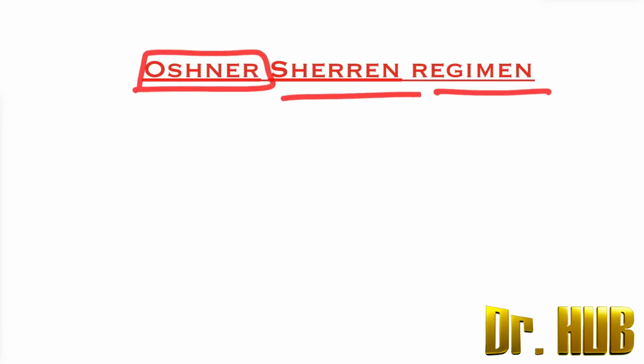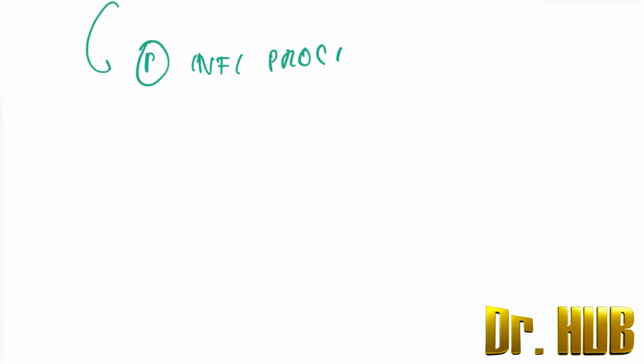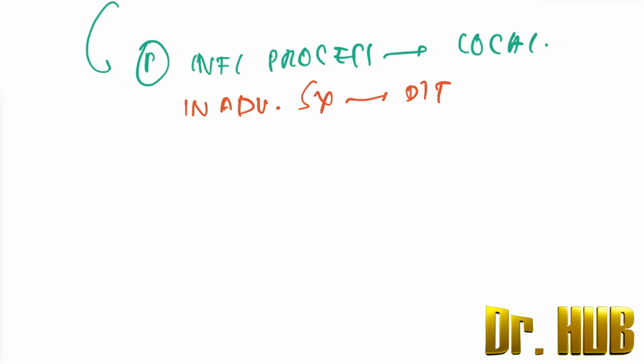Ochsner Sherren regimen. So what is the principle of this regimen? The principle is that the inflammatory process is already localized. So we are assuming the inflammatory process is localized, and that inadvertent surgery is difficult, and it may be dangerous as well.